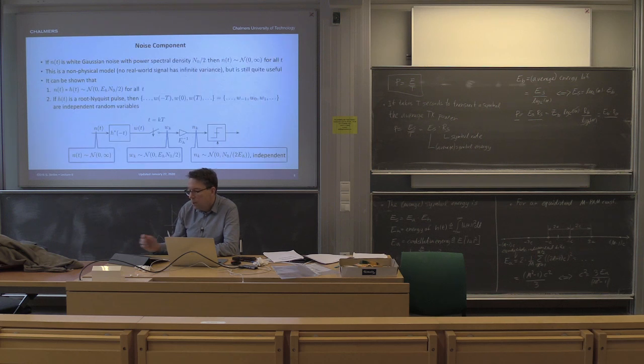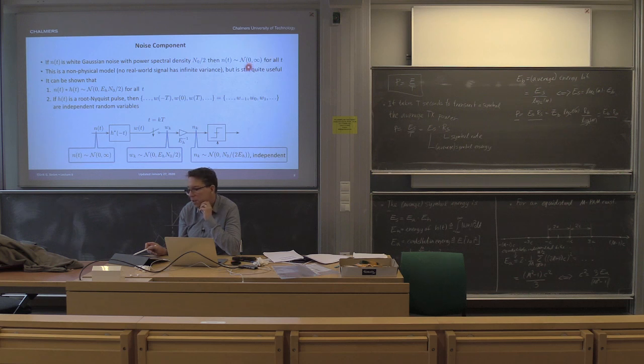Now, let's look at the noise component here. Again, it's a little bit complicated to do this, so I will gloss over the details, and some of the things I say now you have to trust me on. If we think of n as being white Gaussian noise with this power spectral density, then if I take a sample of n of t, I get a Gaussian random variable with 0 mean.